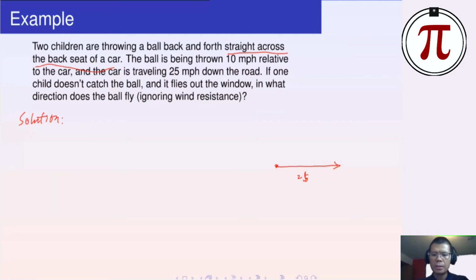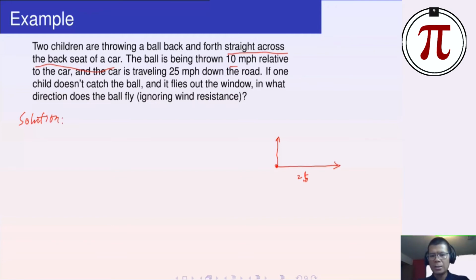So there is a back and forth with 10 miles per hour relative to the car. So it is going in the vertical direction, either to the top or to the bottom, right?